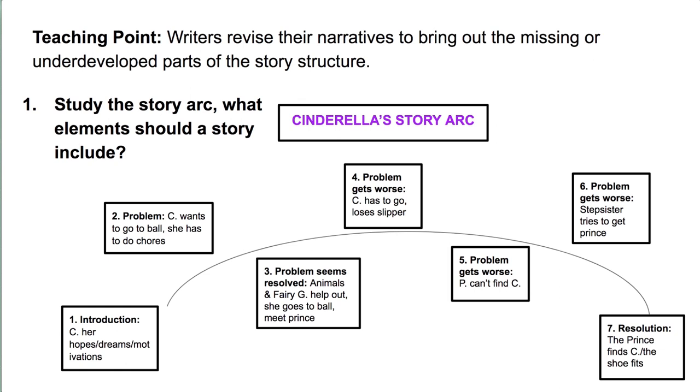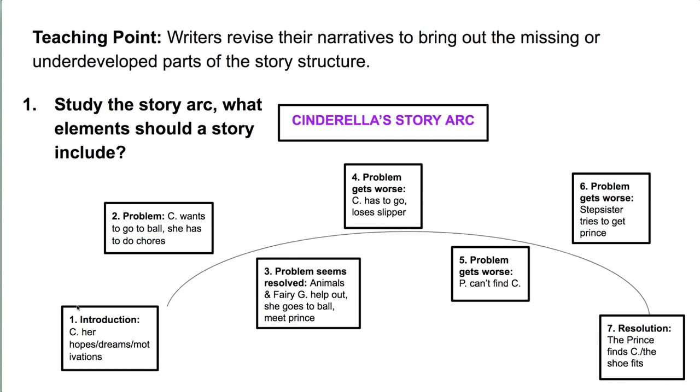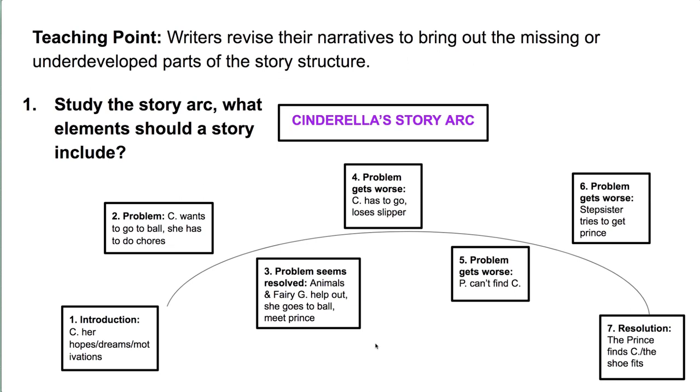It connects back there. So that's the story arc. These are the things that you need to include on the story arc, right? The characters in the beginning, an initial problem, and then the problem getting worse, the tension rising, or maybe the character trying to solve their problems, right?